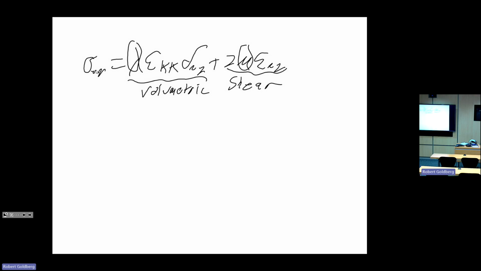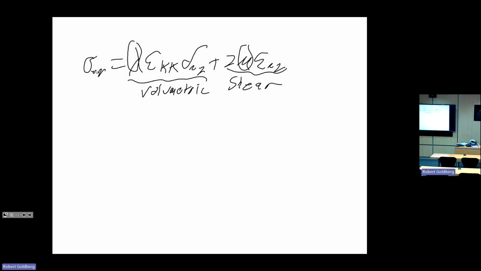They are the fundamental constants in elastic constitutive equations. And as I said, next time we'll talk about how you relate the Lamé constants to the engineering constants that you're used to considering.